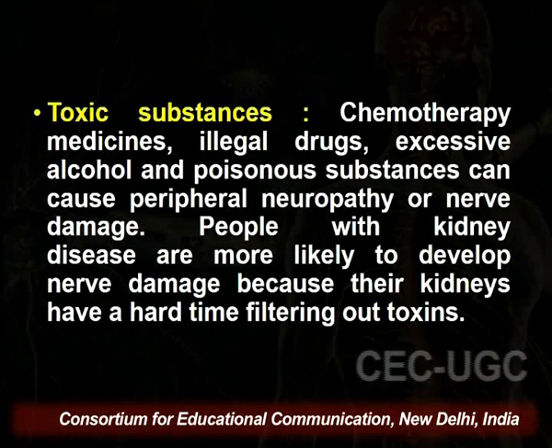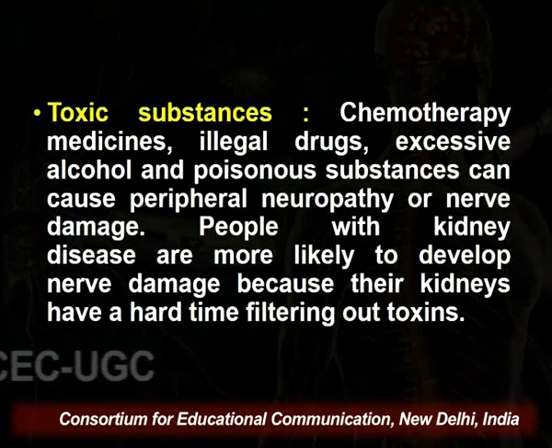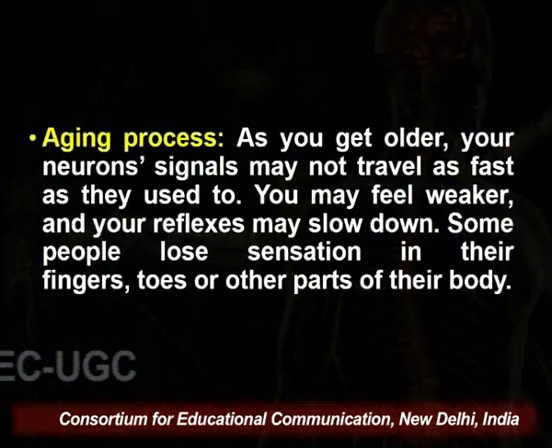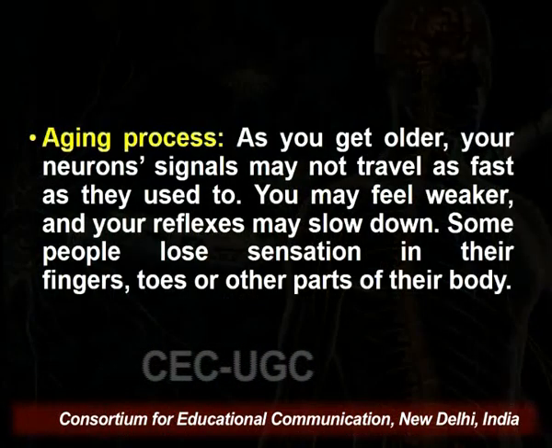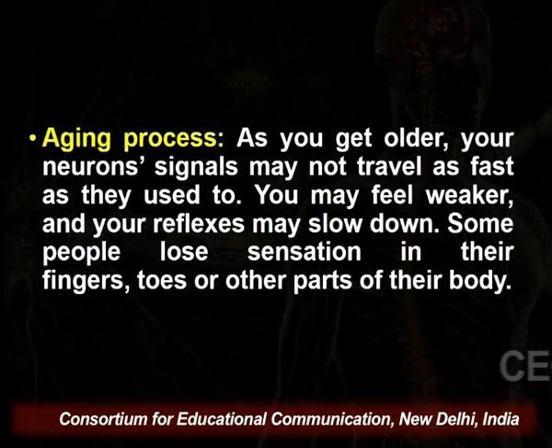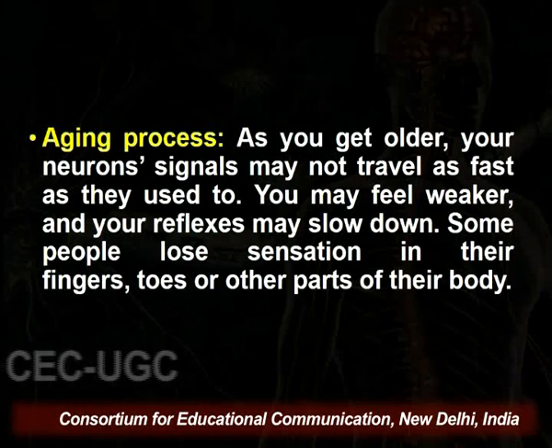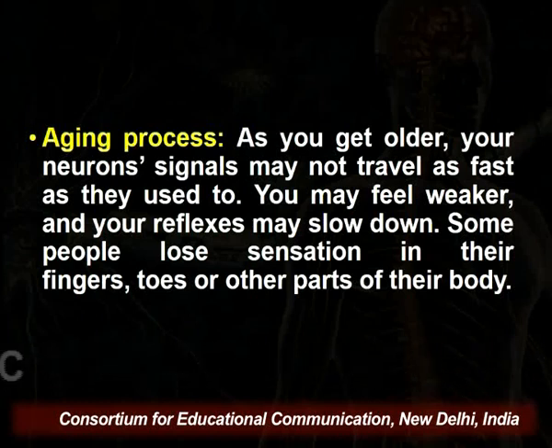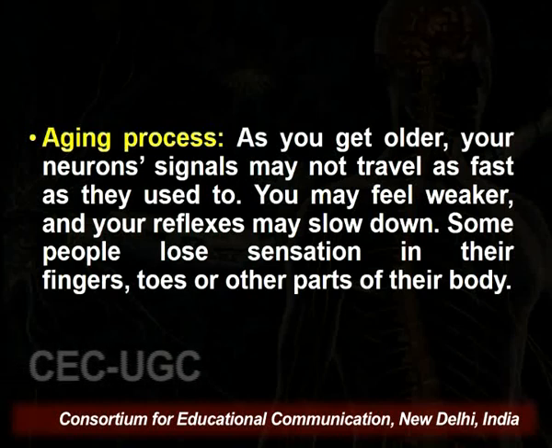People with kidney disease are more likely to develop nerve damage because their kidneys have a hard time filtering out toxins. Then the aging process also: as you get older, your neuron signals may not travel as fast as they used to, so you may feel weaker and your reflexes may slow down. Some people lose sensation in their fingers, toes or other parts of their body.